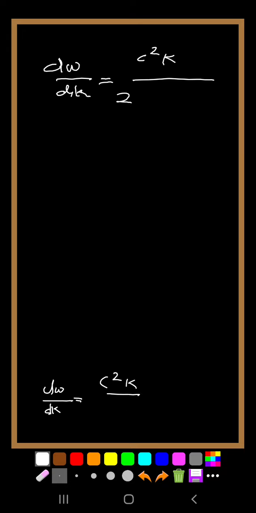So this will be c square k divided by root c square k square plus m.